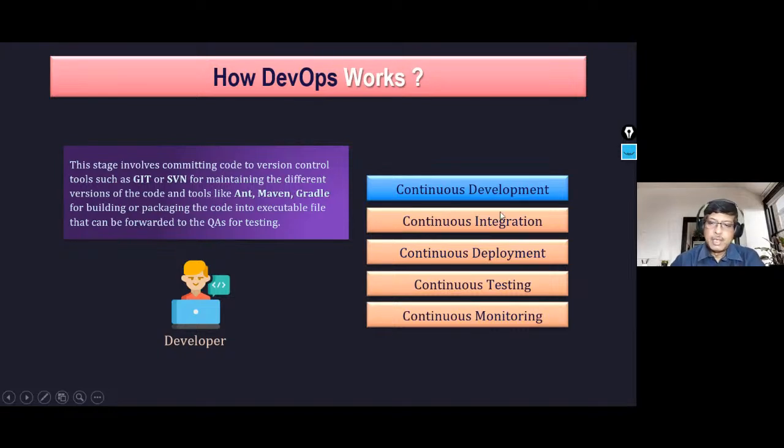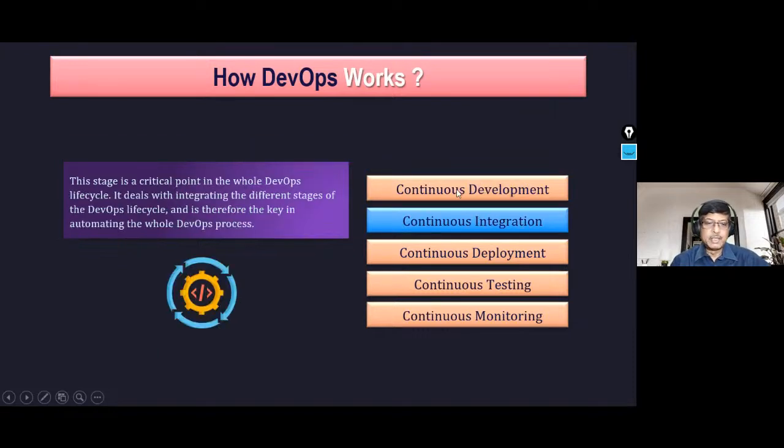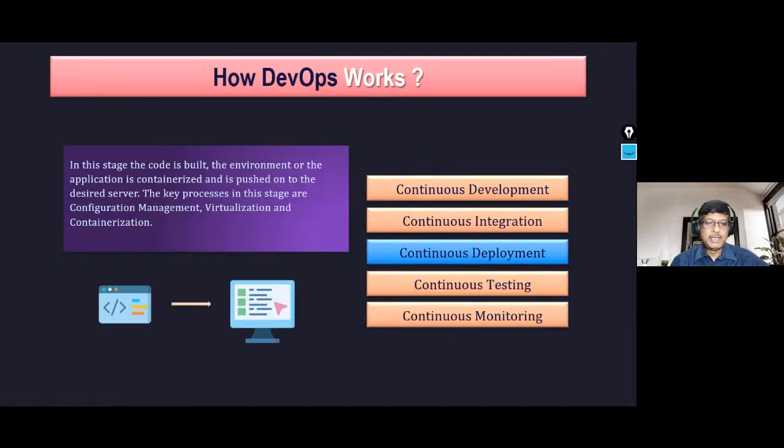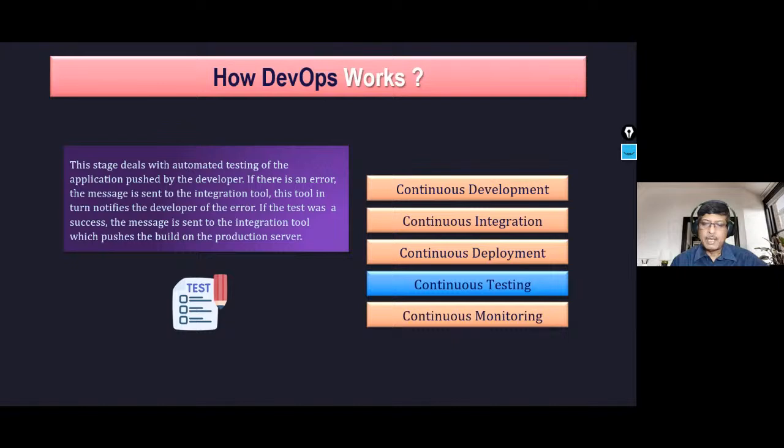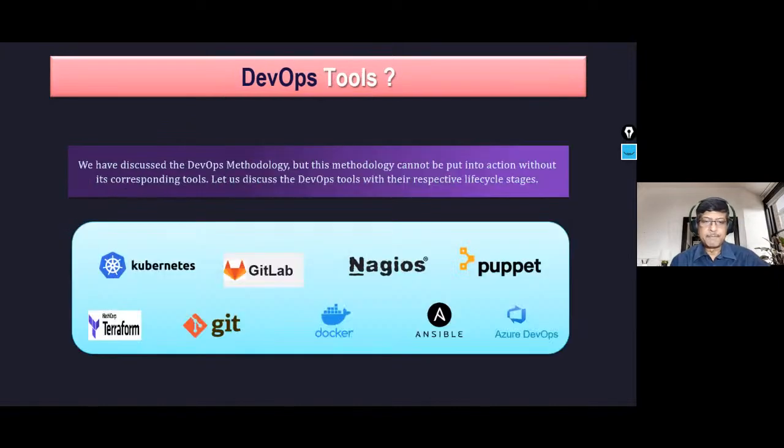As you know, the developer is instrumental in doing this continuous development. Then there is continuous integration, which you need to integrate for the DevOps lifecycle. And there is deployment, continuous testing, and finally continuous monitoring.